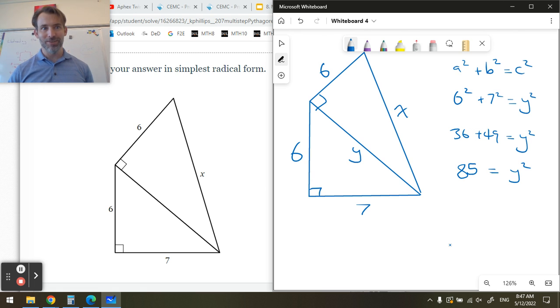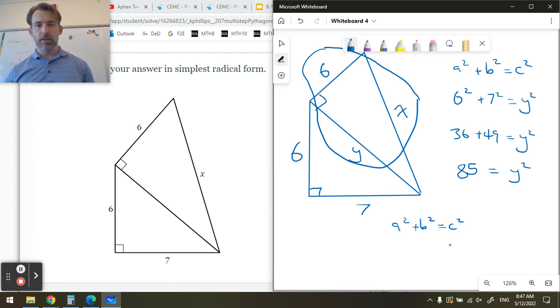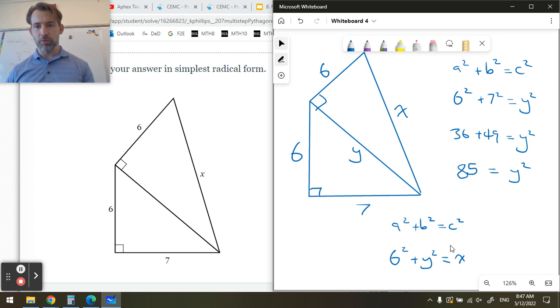Why would I do that? Well, I'll show you. Next, I'm going to have a squared plus b squared equals c squared, now working in this triangle here. We notice that 6 is still one of the shorter sides, but the other one is y. 6 squared plus y squared is equal to x squared.